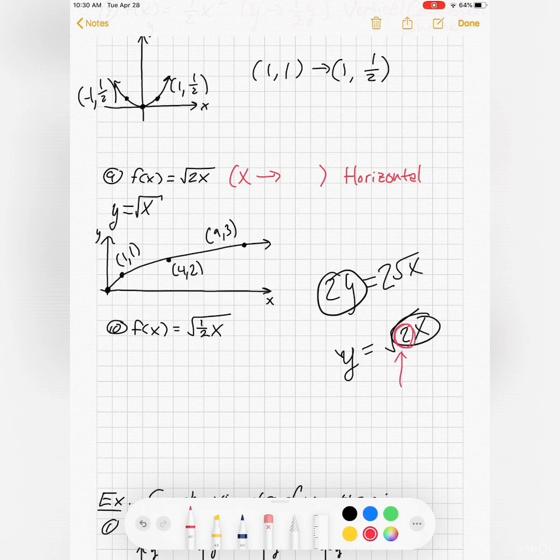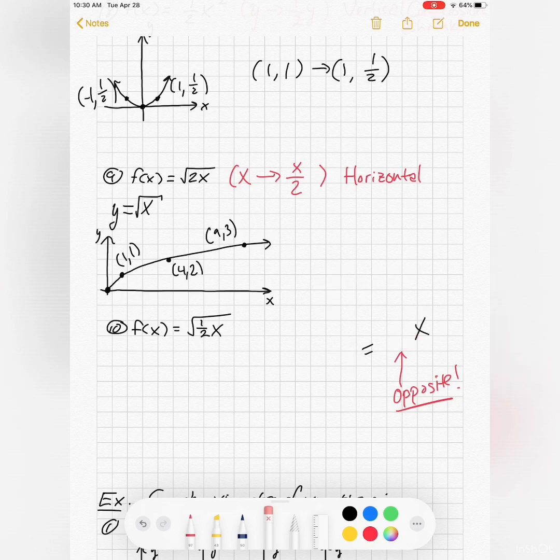It looks like I'm multiplying the x by 2, but I'm going to do the opposite. I'm actually going to divide the x by 2. We can check that when we draw the graph and make sure the points line up correctly. If I'm dividing the x by 2, then the x is getting smaller, so this is a horizontal compression.